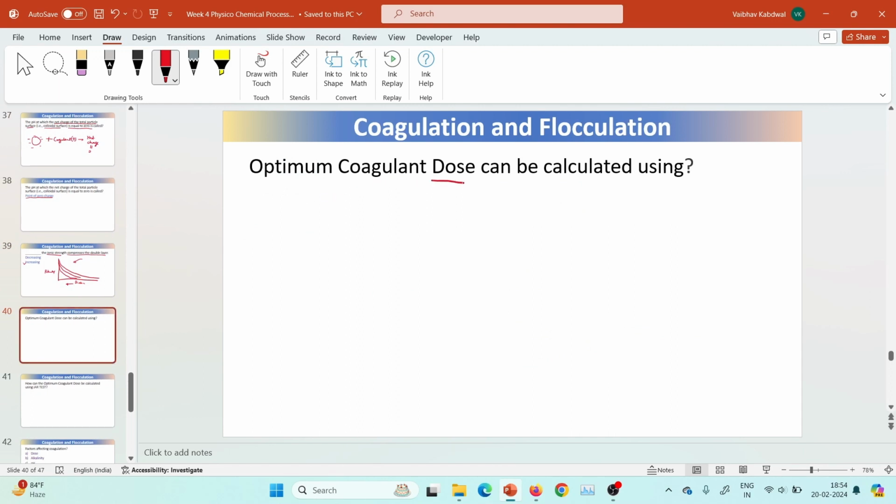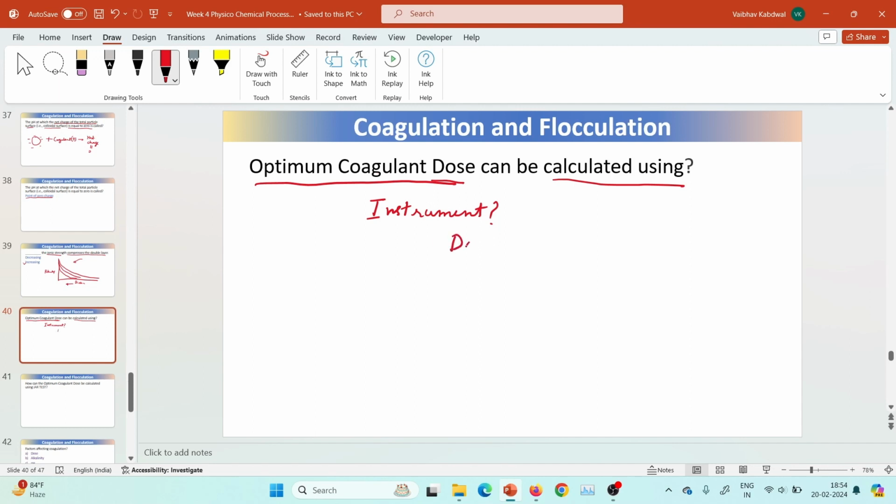Optimum coagulant dose can be calculated using which instrument? So what is optimum coagulant dose, by the way?